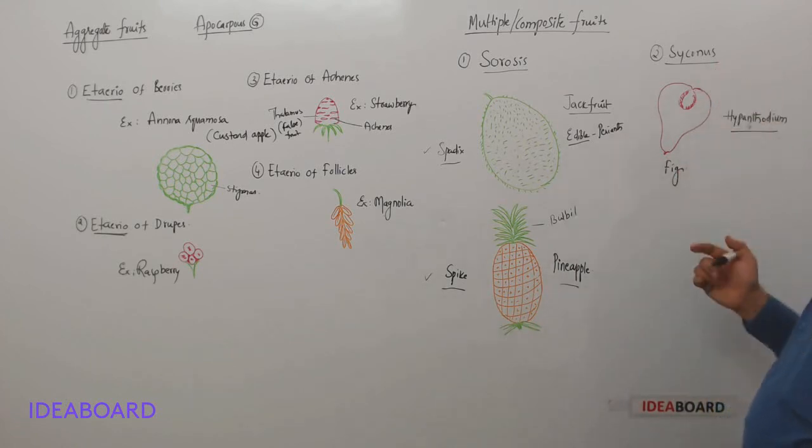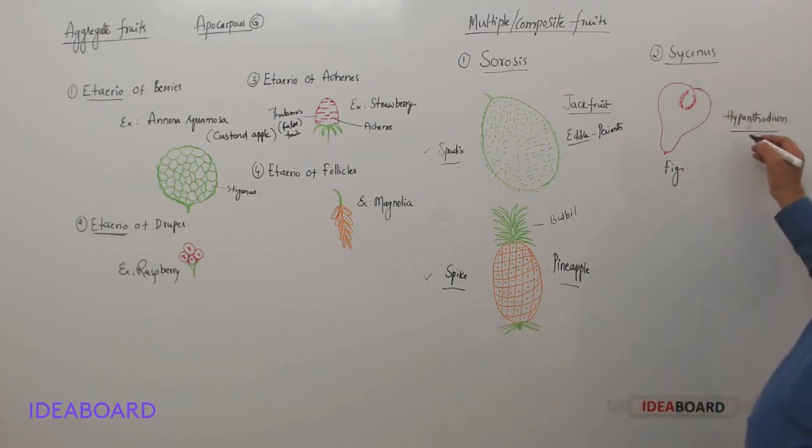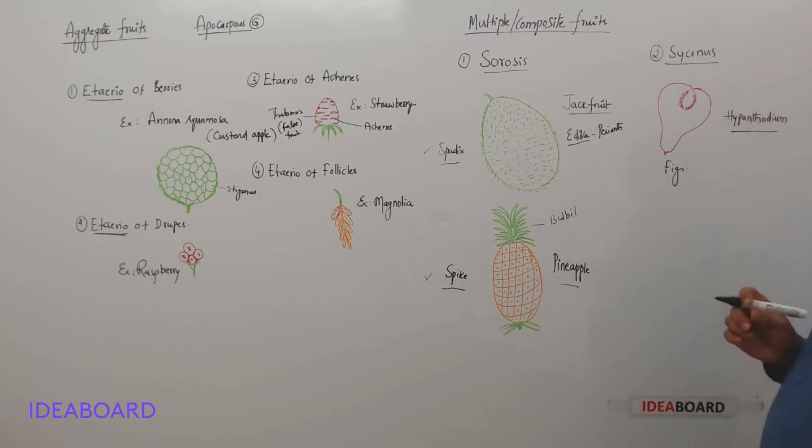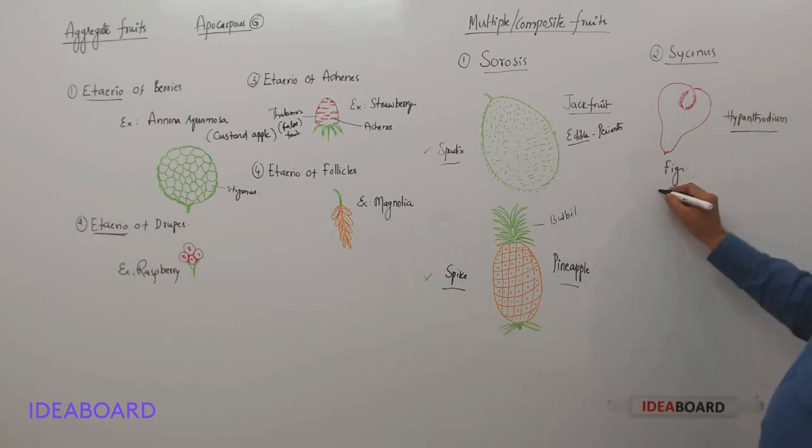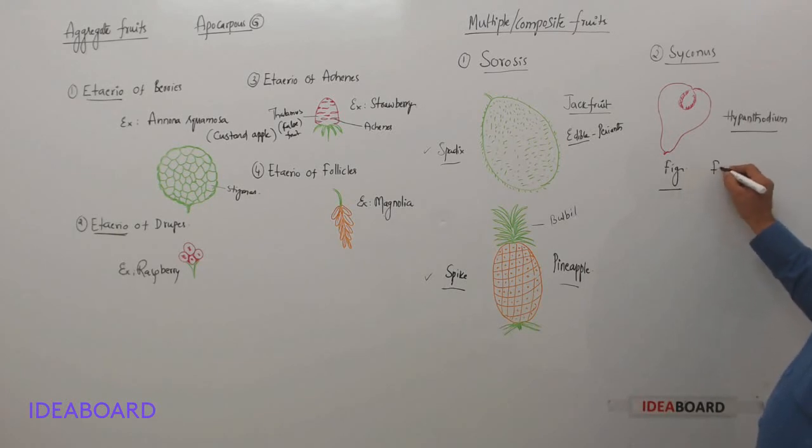And when we come to the Syconus, the fruit develops from hypanthodium inflorescence, and the example is fig, Ficus carica.